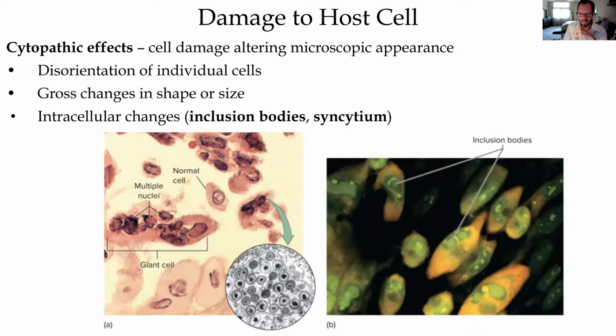As I said, you can see it transforming or disorienting these cells in their shape. It can also make them form inclusion bodies or a syncytium, where a bunch of cells now merge together, and that's how you get this multi-nuclear cell, okay? These cells are binding together.